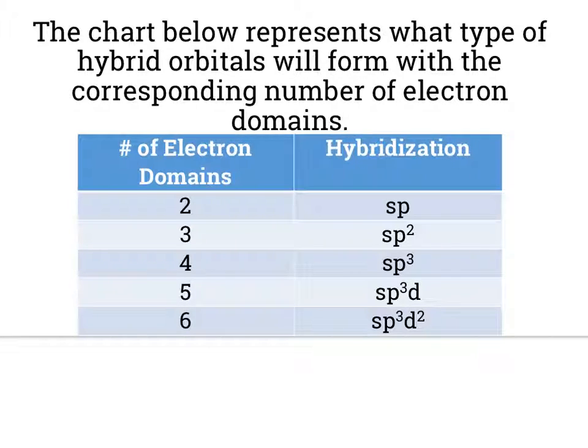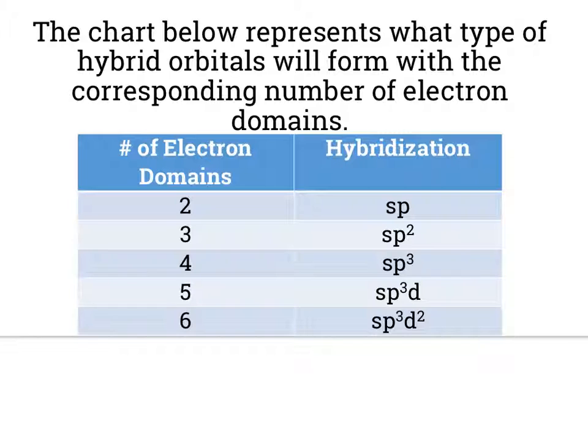What you need to know is that if there are 4 domains, we're going to have what's called sp3 hybridization. Or if there's 6, it's called sp3d2. That represents 1 s orbital, 3 p orbitals, and 2 d orbitals. Keep in mind this isn't saying 2p and 3p mix.